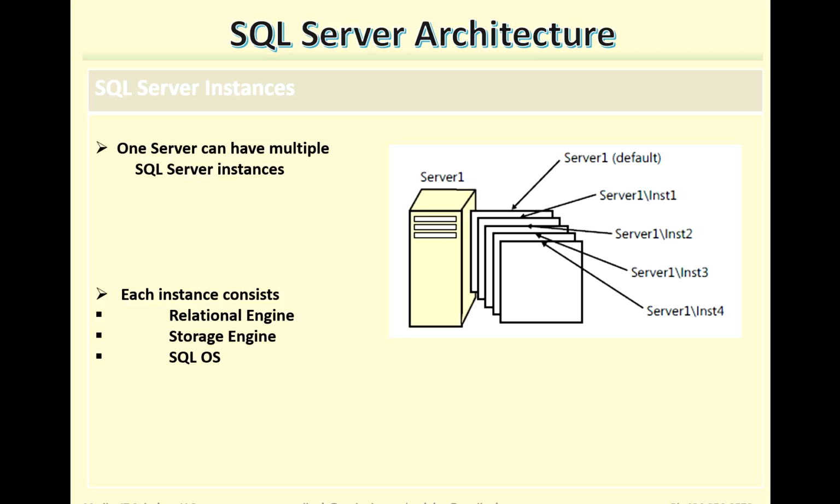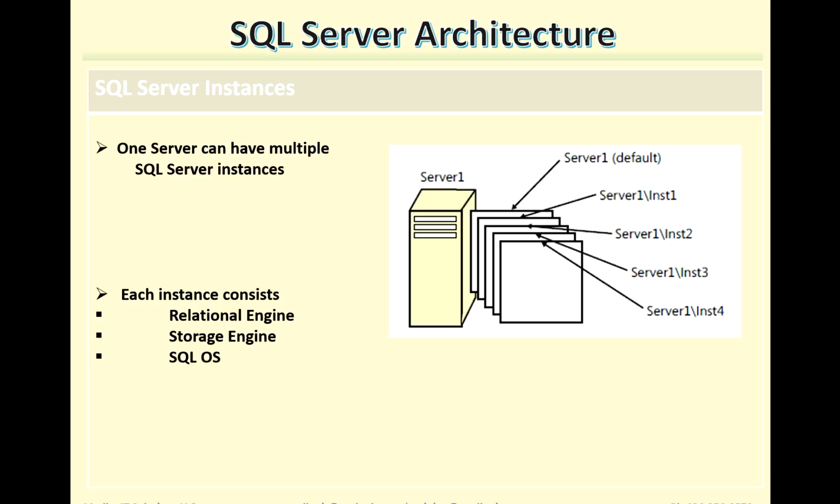To perform each activity, SQL Server needs certain resources from the operating system, right? A certain amount of memory, RAM, processor cores, all those things. So SQL OS is responsible for communicating with the operating system and getting the required resources.